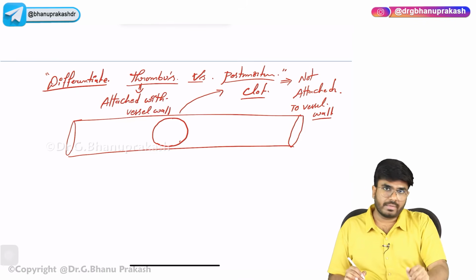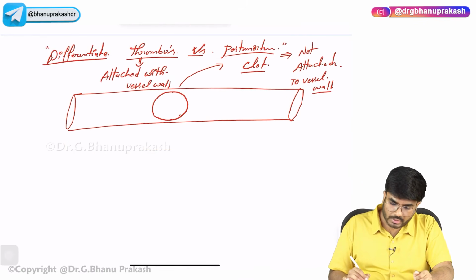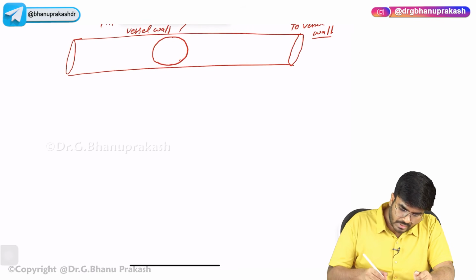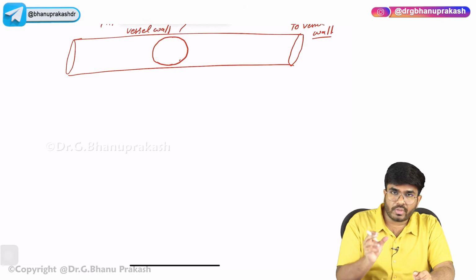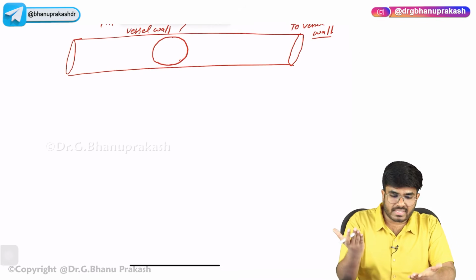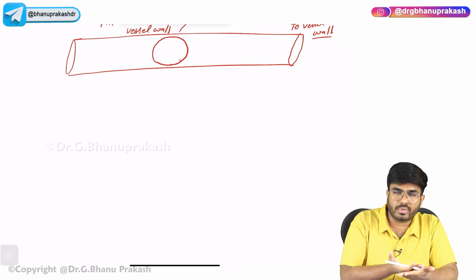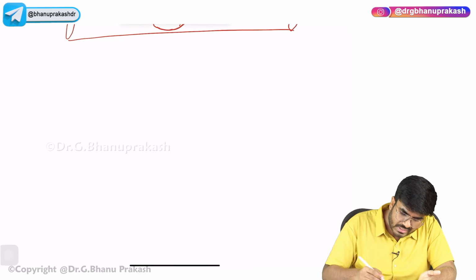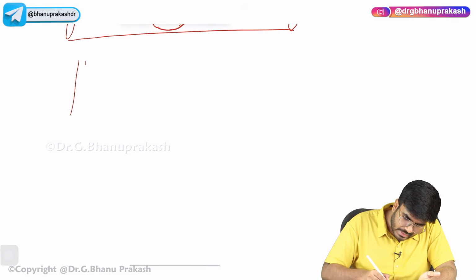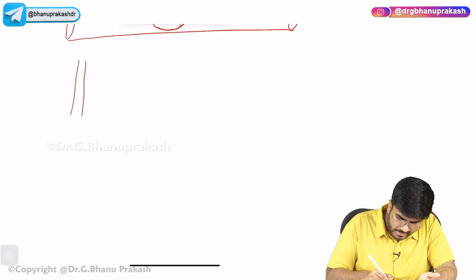Okay. Next thing, what I can appreciate in a normal thrombus is, if you take this thrombus, make a section and look at it under the microscope, if it is a real thrombus, you can see an area of platelets and RBC.